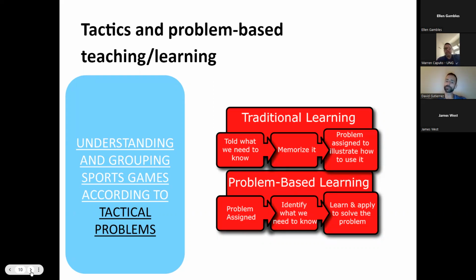In problem-based learning, we first address the problem, identify what we need to know, practice, and master to solve it, and then learn how to apply it. But all the time you are thinking, applying, and practicing in the real problem. And that problem is a game, or as we will see, a modified game.